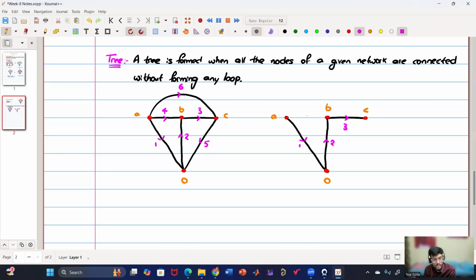I can do it in multiple ways, right? I can use 2, 4, 6, or I can use 1, 5, and 3. Here I am considering one possibility, and this is called a tree.